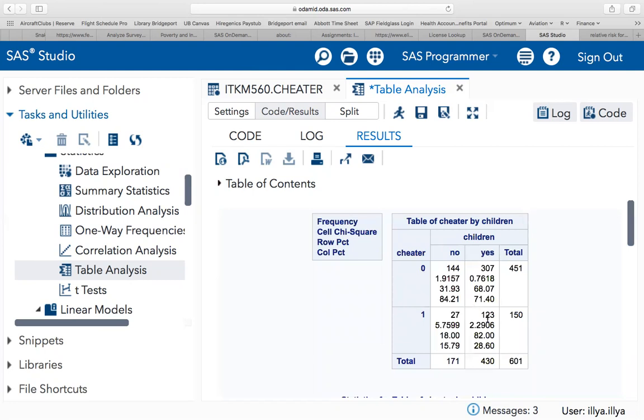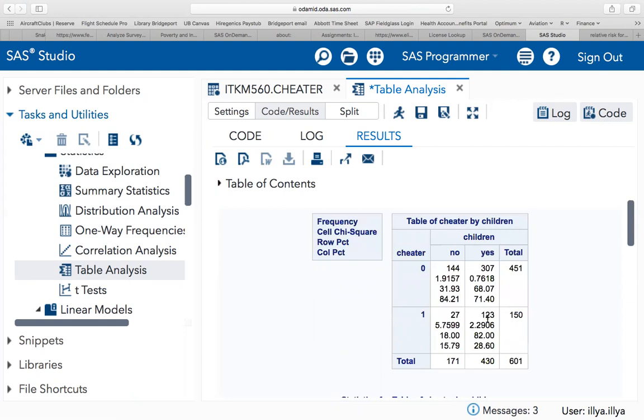Do you guys understand why I said this was my event of interest? Why did I say this over here was my event of interest? One, because it's cheaters. And two, because it's with children.